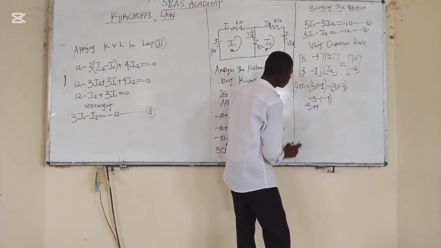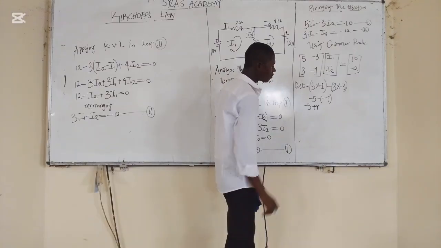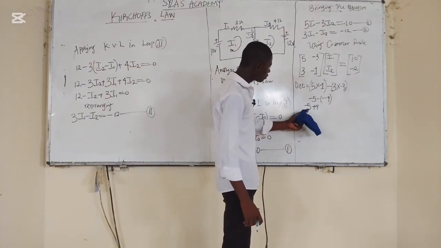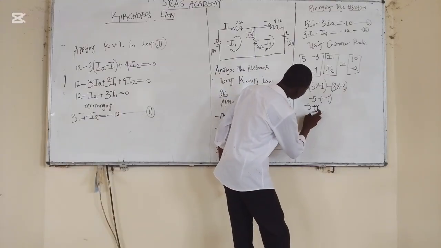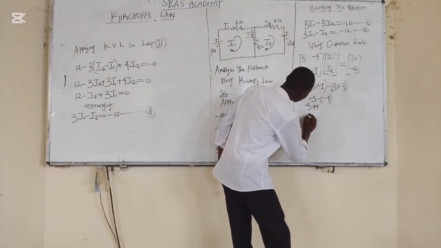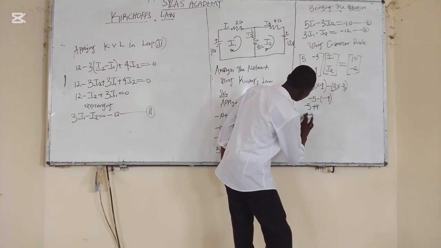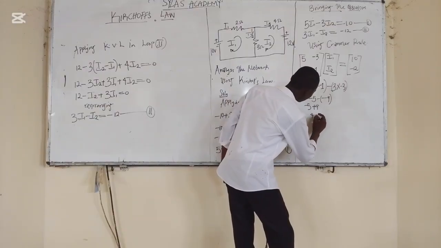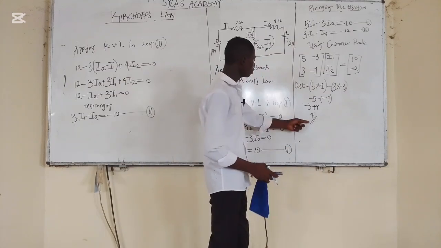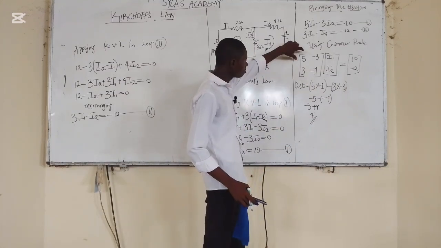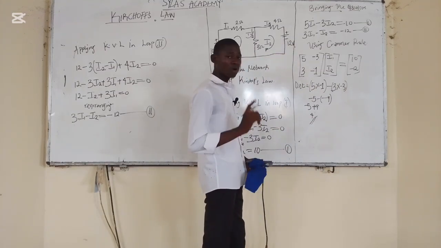Minus 5 plus 9 gives you, sorry, it needs to give you 4. And 4 becomes your determinant for this matrix.